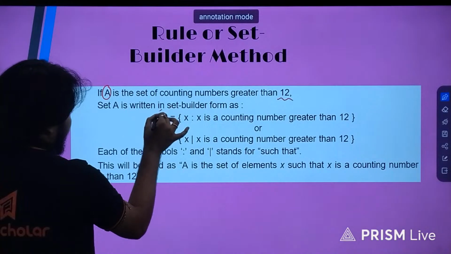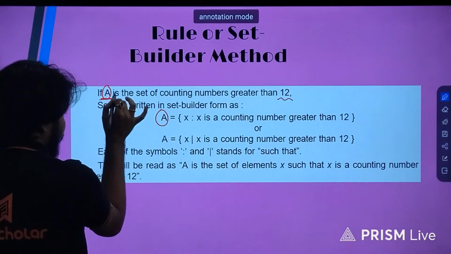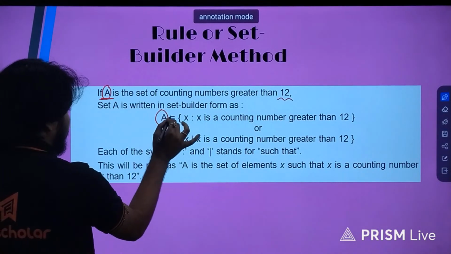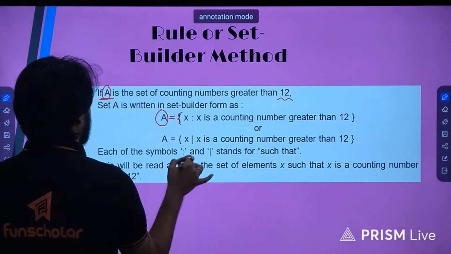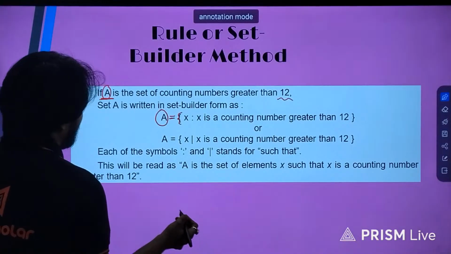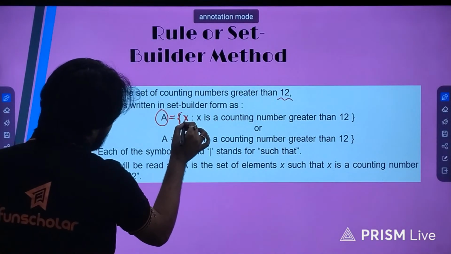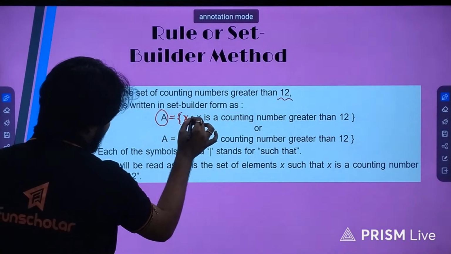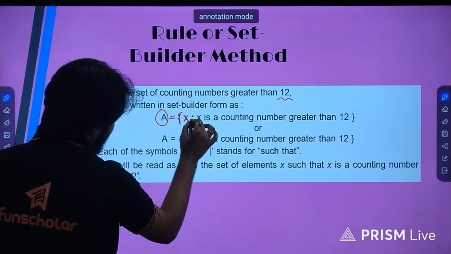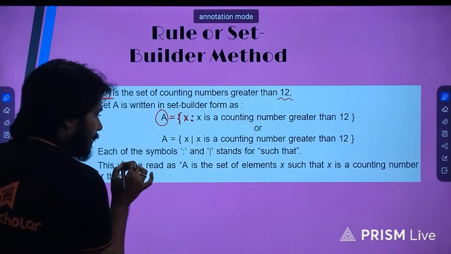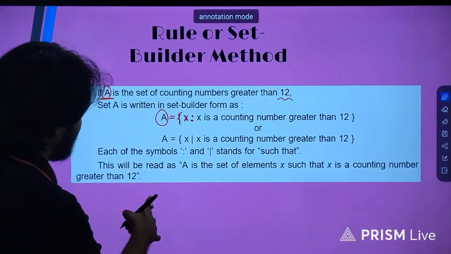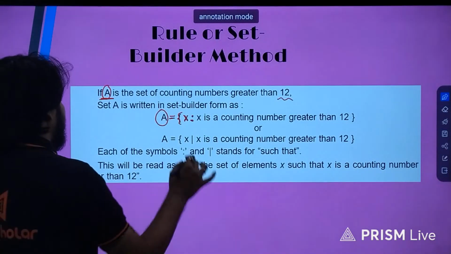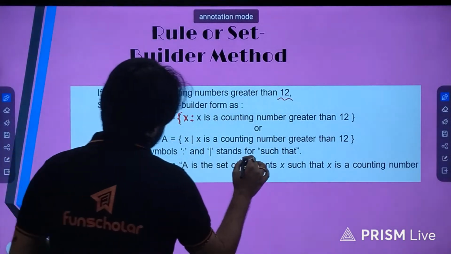So you will write A, as in the question, A is the set. Then you will give the equal to sign. Then you will open a curly bracket. Now you need to write x and give this mark. Do you know what is the meaning of this mark? This mark is read as "such that".